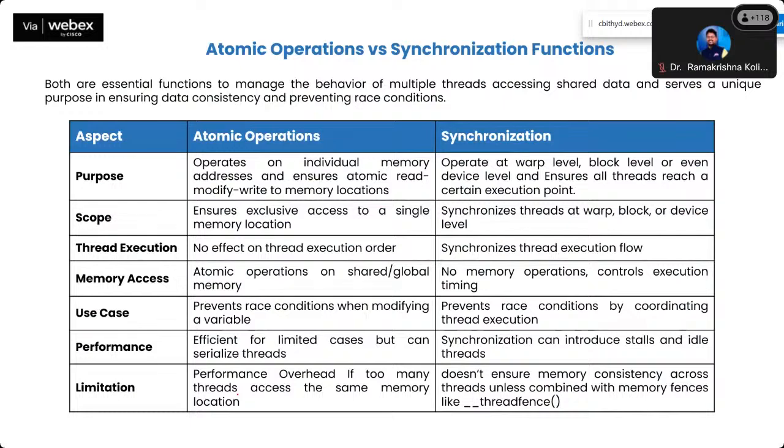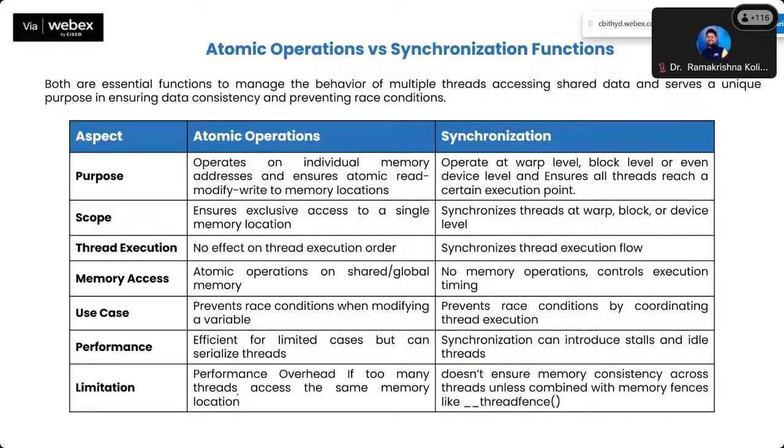The thing is that an atomic operation always works on an individual memory access, because it is always targeting a variable, and a variable is always stored in some memory space, and that memory space has a unique address. So that is the reason atomic operations are always associated with a specific memory address, and ensure an atomic read, modify, and write to the particular memory location.